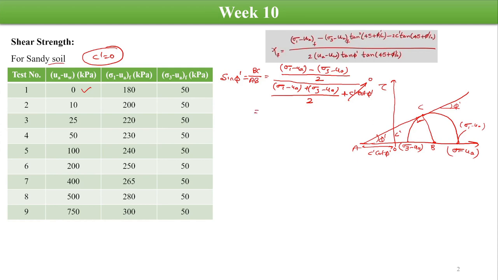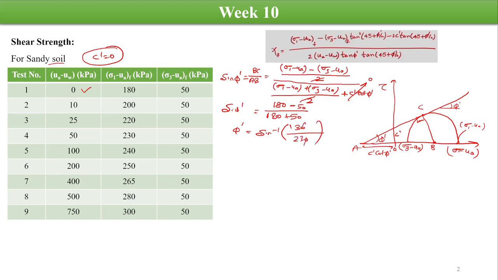If we put in the other values for the first test, sigma 1 minus u_a is 180 and sigma 3 minus u_a is 50, and the 2 and 2 will cancel out. So phi dash will be sine inverse of (180 minus 50) divided by (180 plus 50), that is 130 divided by 230.